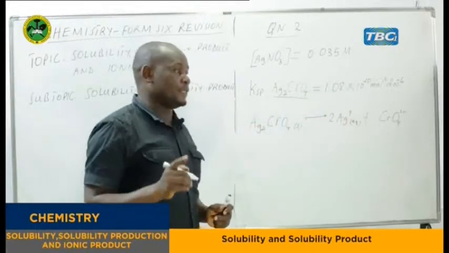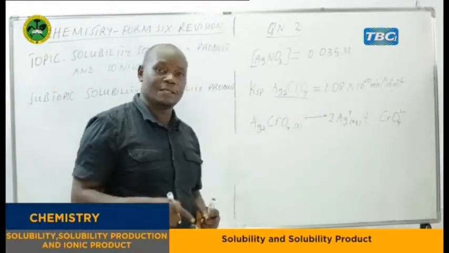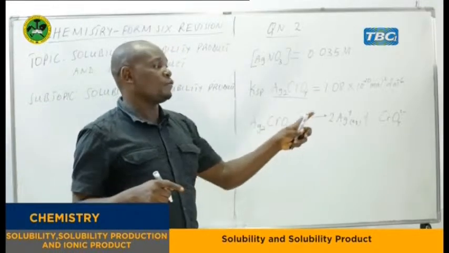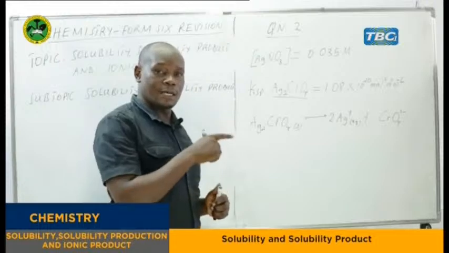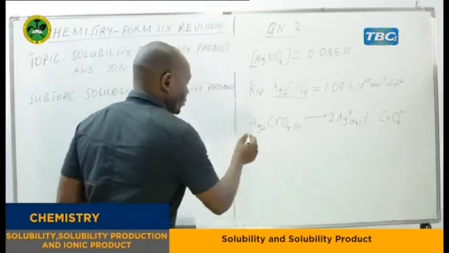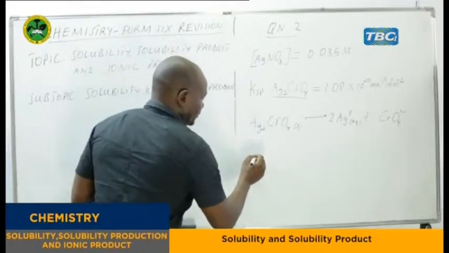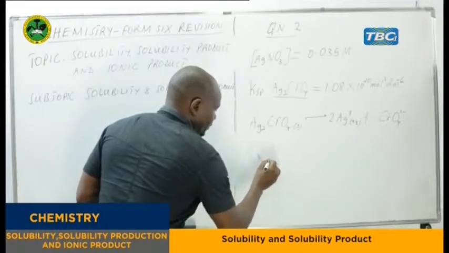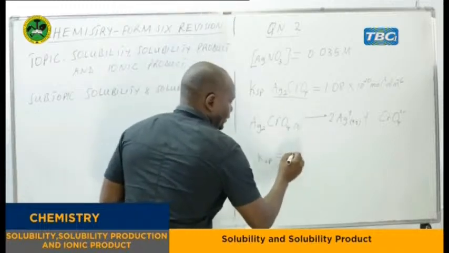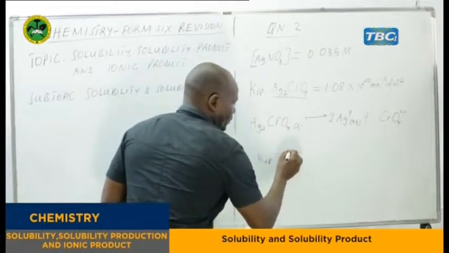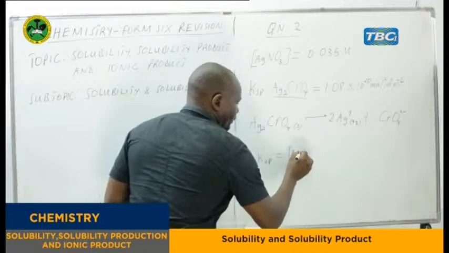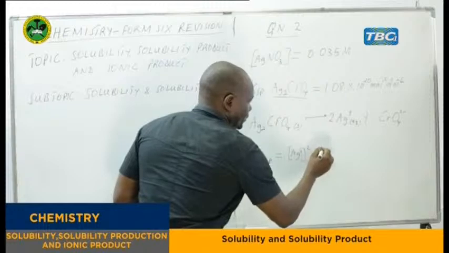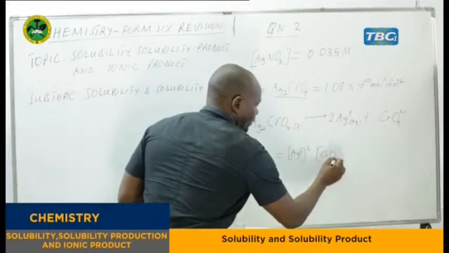So we first have to find the solubility of silver chromate before the addition of that substance. Here the Ksp is obtained by taking the concentration of silver squared, times the concentration of chromate.